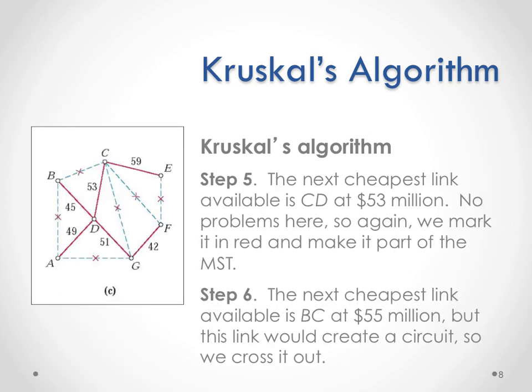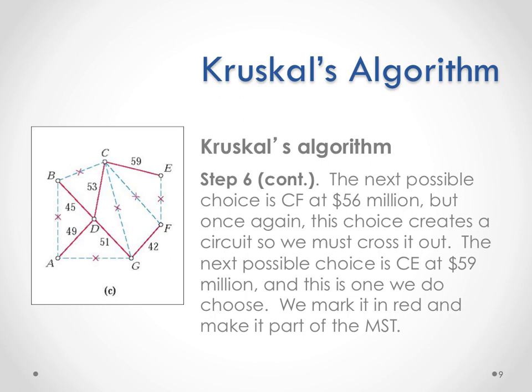So this is more steps that just walk you through what we did. 53 was next. And when we chose 53, it eliminated a few things. So the next one that we chose, well, it was the 59. Yeah, that's what this step says. I went too fast, but that's okay.